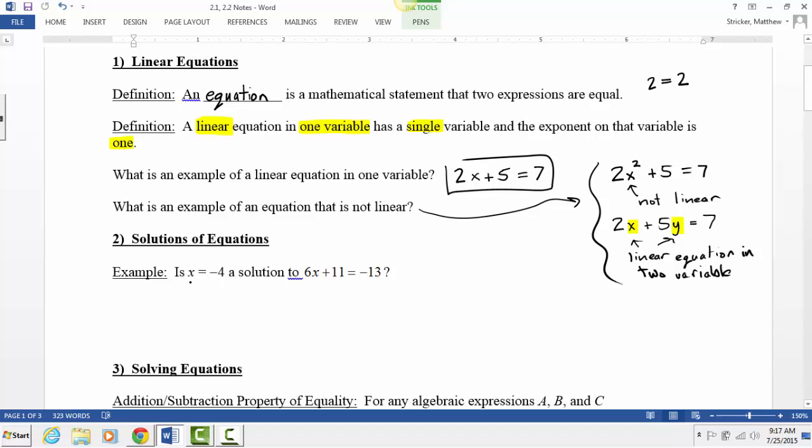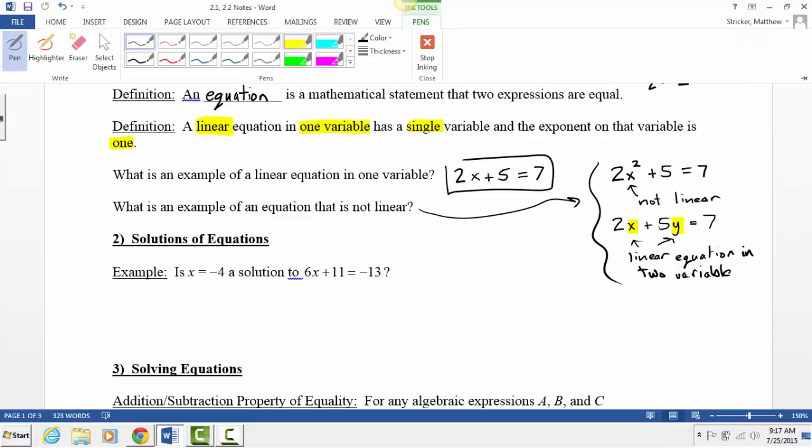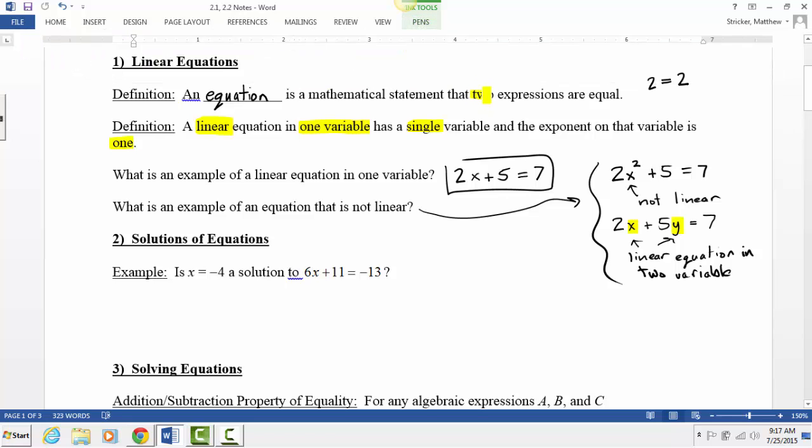We want to take x equal to a specific value, -4, and check to see if -4 is a solution to this equation. For it to be an equation, the two expressions have to be equal, meaning the left side, the 6x plus 11, has to be equal to the -13.